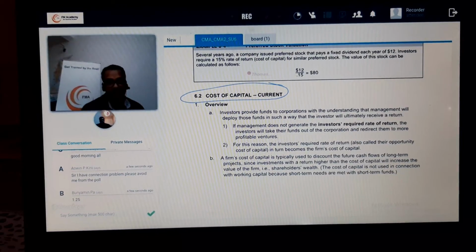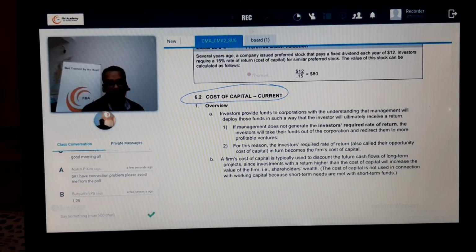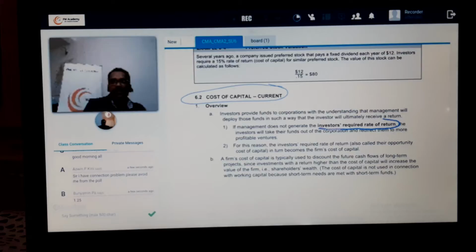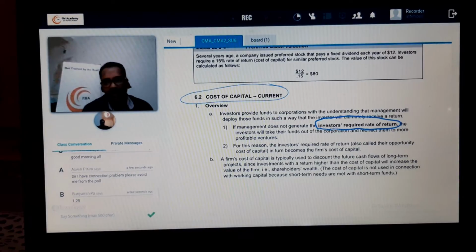Remember, in the previous unit we studied the required rate of return on a security, capital asset pricing model. That time I said this is nothing but investors' required rate of return. There are many mechanisms to calculate that. CAPM is only one of the mechanisms.